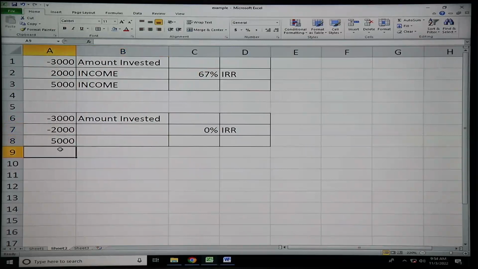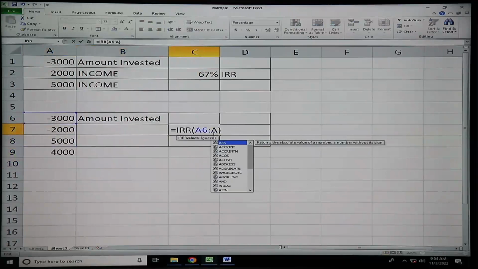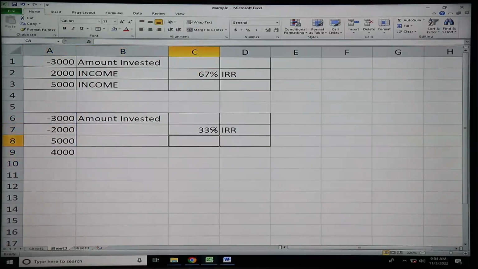If we add more income here, maybe another income of 4,000 in the next subsequent year, and we extend our formula up to A9, then you'll notice that the internal rate of return will automatically change to 33%.